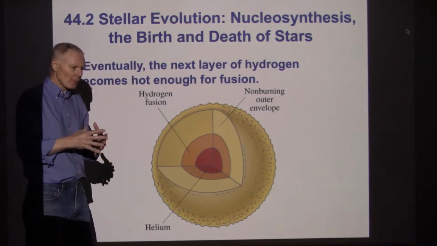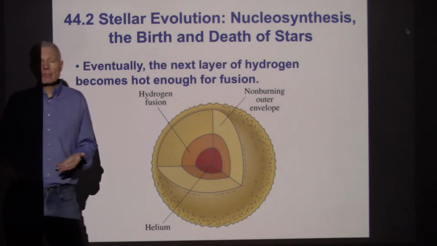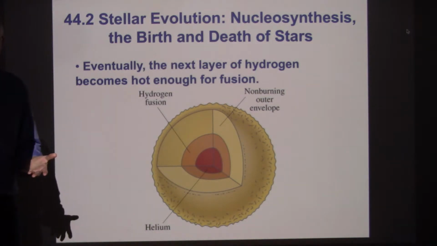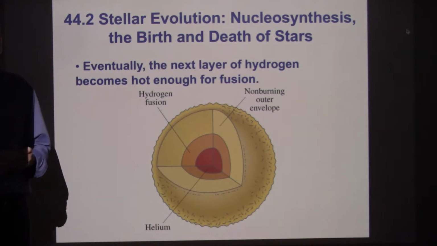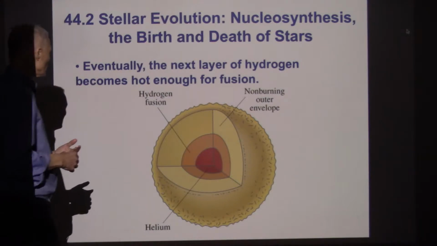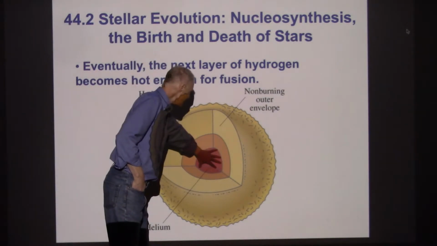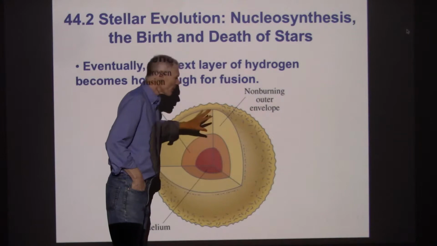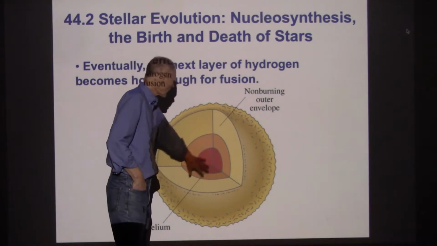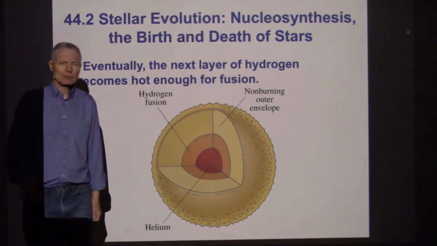Gravitation begins to collapse the core even more, but that gravitational collapse raises the temperature, and then additional fusion reactions can begin. So this is showing a star where helium is now fusing. This is a medium to high mass star because helium reactions are taking place.